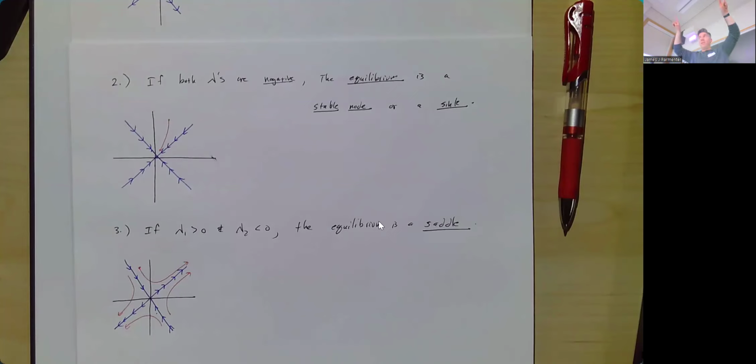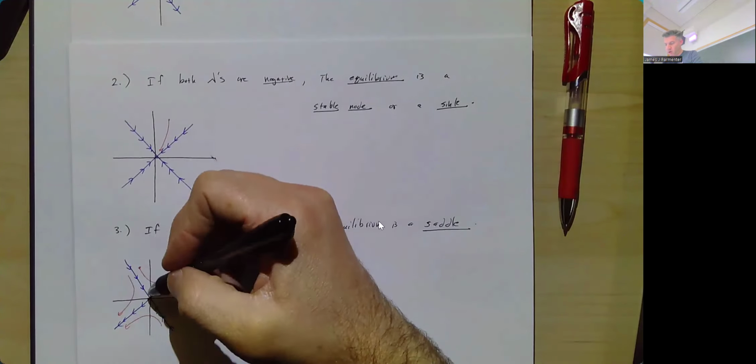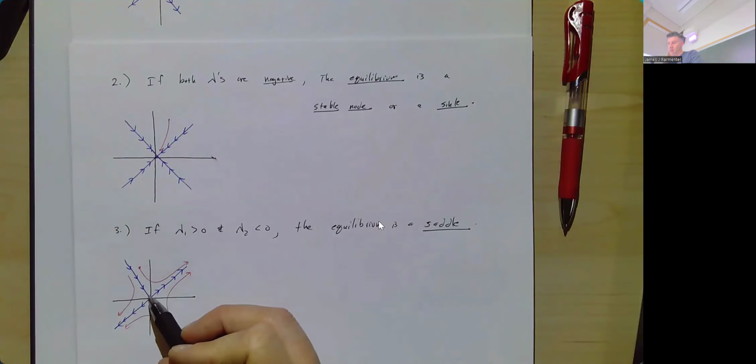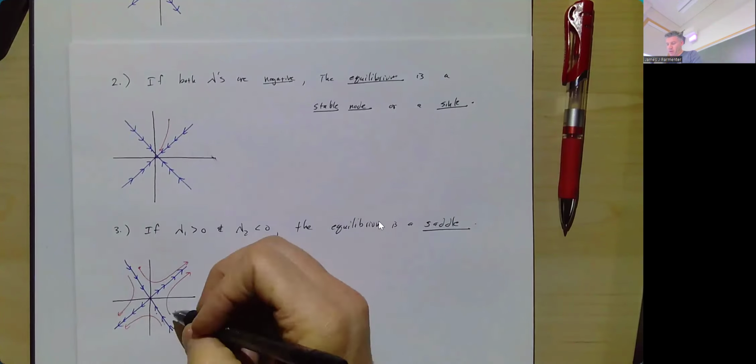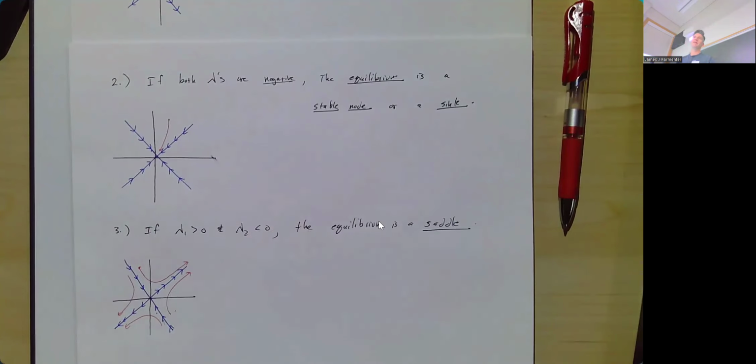But if you're not along that perfect line, you're going to go off to the side. Same thing here. If you're perfectly on this middle line, you're going to go towards the origin. But if you happen to be off to the side just a little bit, you're going to get pushed away off the side of the saddle. It's not a perfect analogy, but it's not a terrible analogy.